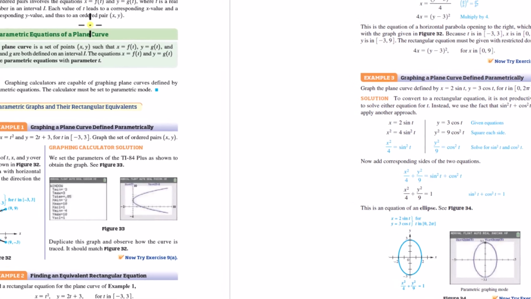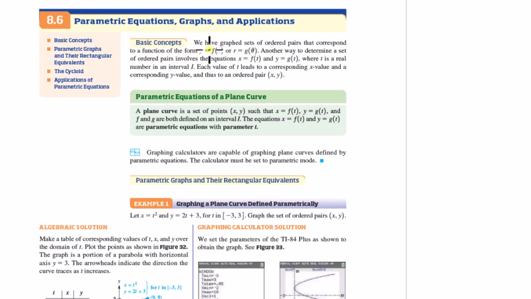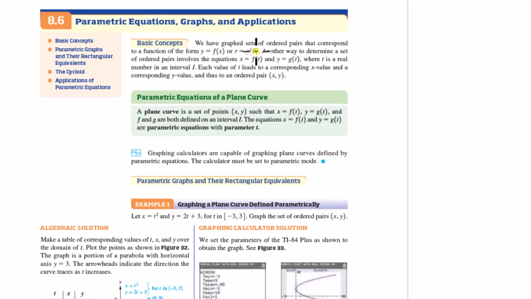Okay, so now that we've gone through that overview, let's take a look at the start of the section. It says we have graphed sets of ordered pairs that correspond to a function of the form y is equal to f of x or r is equal to g of theta. So they're talking about the previous section here with polar coordinates.